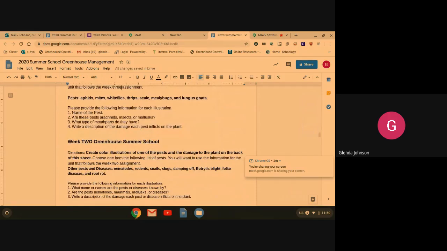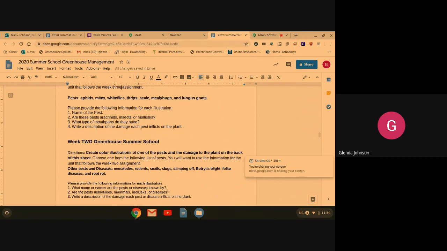For week 2 of the greenhouse summer school, it's the same thing: you're going to create a color illustration of one of the pests and the damage to the plant on the back of the sheet here. Again, you can choose, or use plain paper. Choose one of the following: the nematodes, the rodents, the snails, the slugs, damping off, botrytis, blight, and root rot.